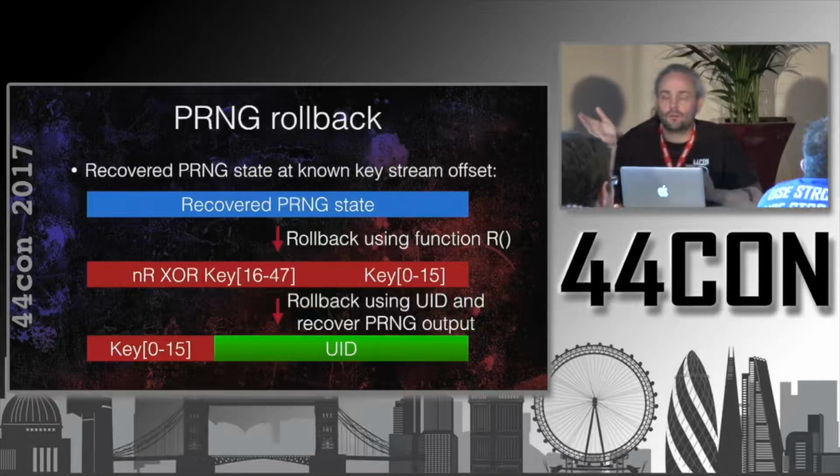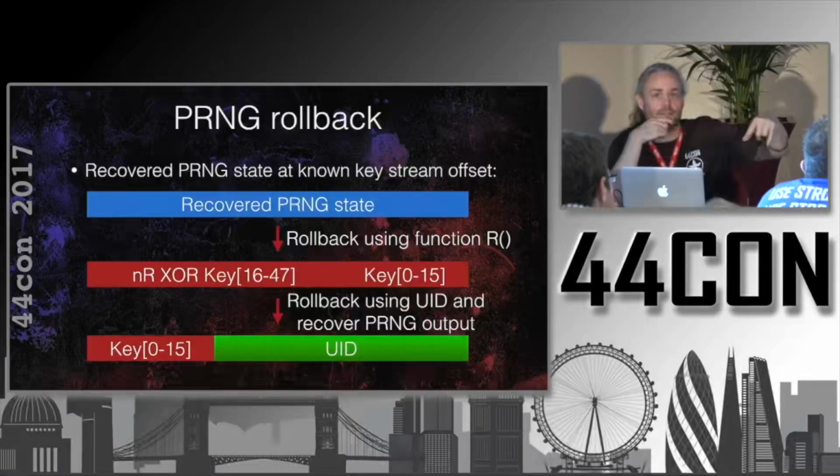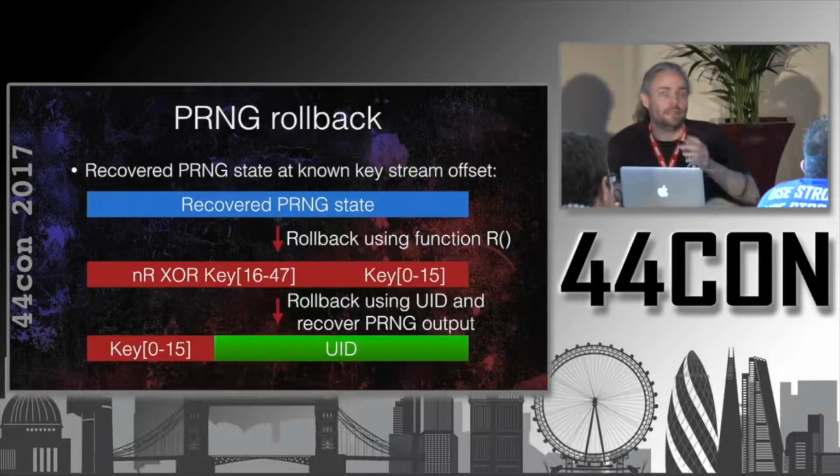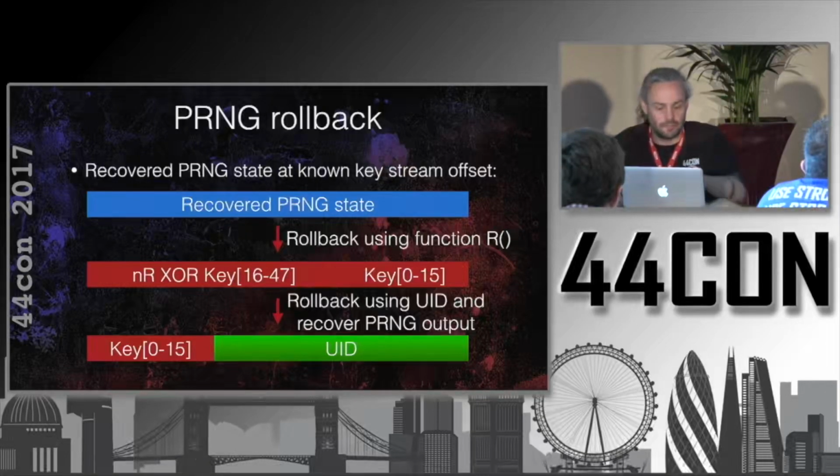So we can roll back all the way to the start of that key stream, and then roll back through the handshake. Page 3 would have been received, then the challenge response sent, and then you're at the point where the encrypted nonce has been sent.